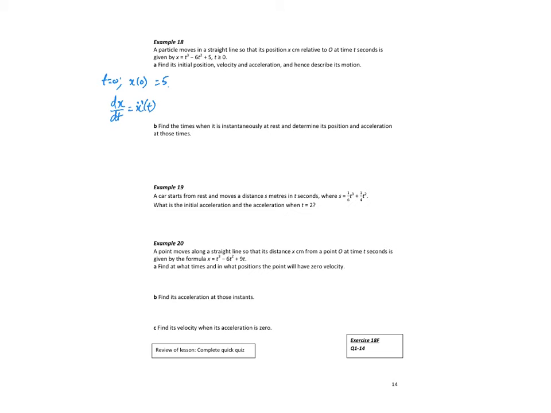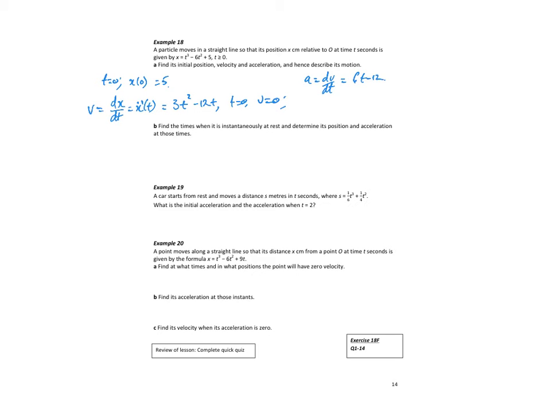If we differentiate that, we're going to have 3t squared minus 12t. Initial again means t is equal to 0. So clearly if I put t equal to 0, my velocity is also going to be 0. Then we make our way to acceleration. Acceleration is the rate of change of velocity, so dv dt. dv dt is 6t minus 12.